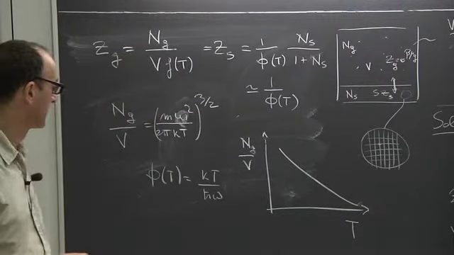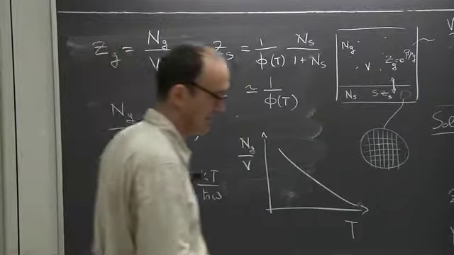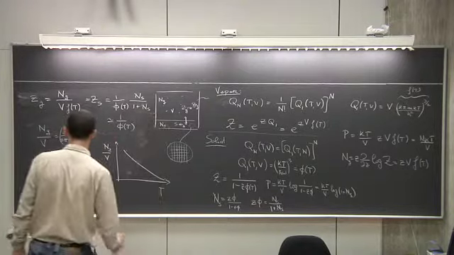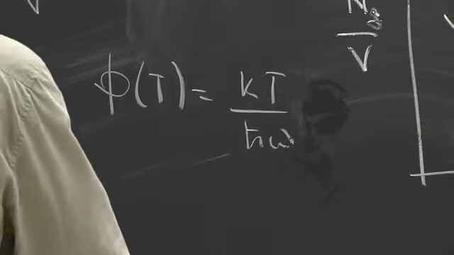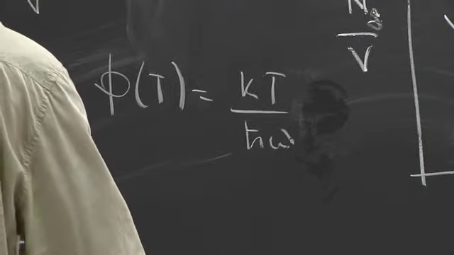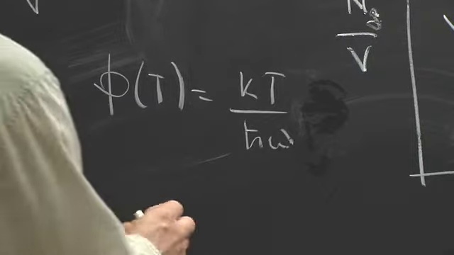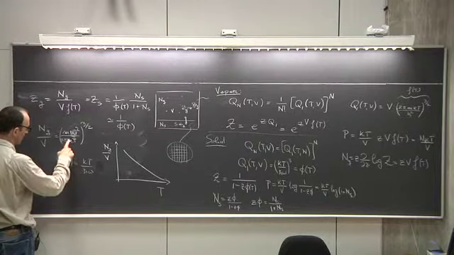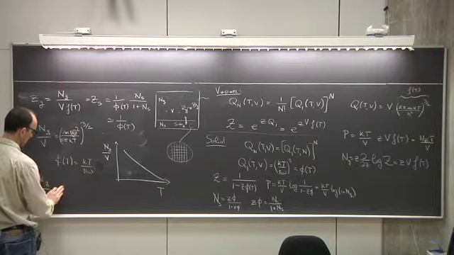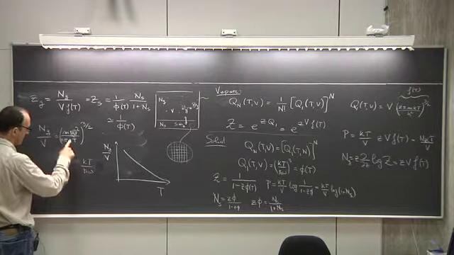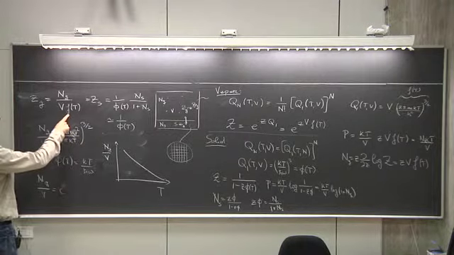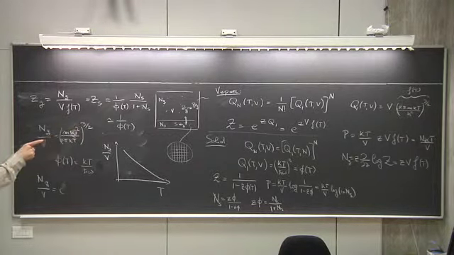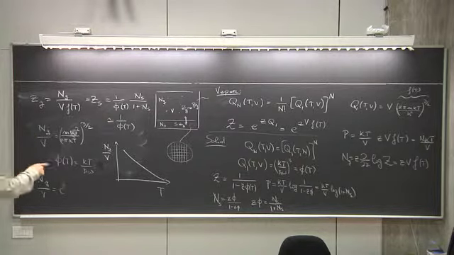Okay. And then what you would have had is that Ng divided by V would have been essentially a constant times f of t, which is proportional to kT to the n over 3 divided by kT.